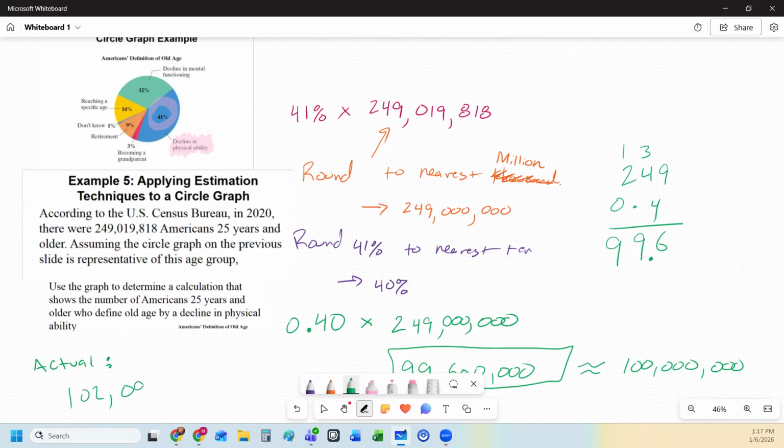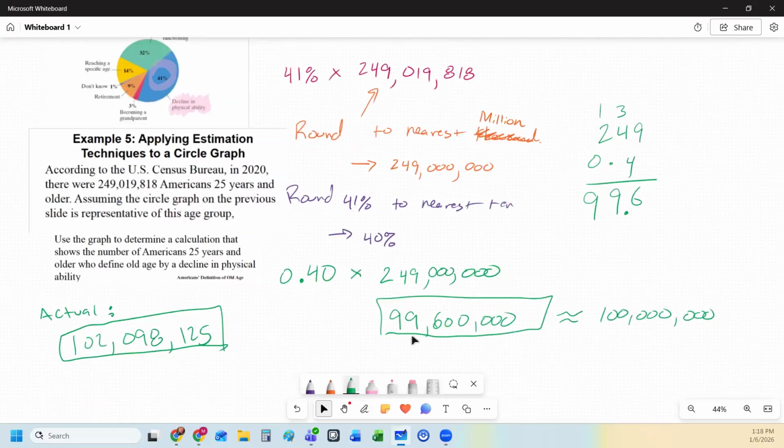It's 102,098,125. So that's the actual answer. There's a decimal there, but you can't have half a person, so I'm going to round that to the nearest person. But it's close, right? It's not that far off. It's in the same ballpark, and that is estimation.